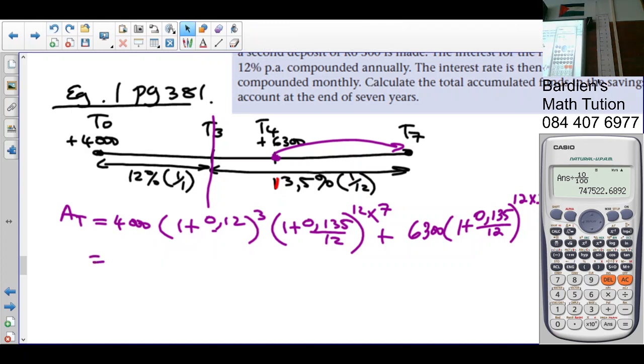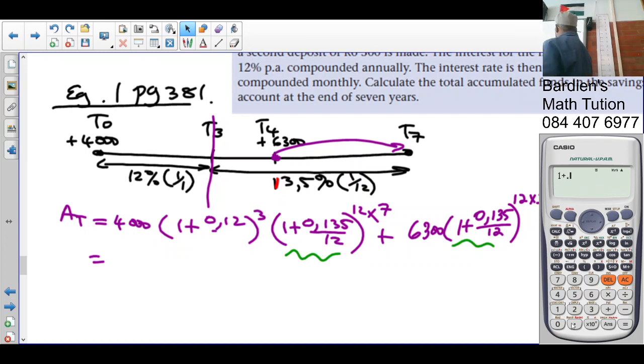So what we're going to do is replace this one here, since that forms twice as your answer button. You don't have to do this, it just makes it a bit easier. But now you must remember that that is your answer button, so this one must be entered into the calculator.